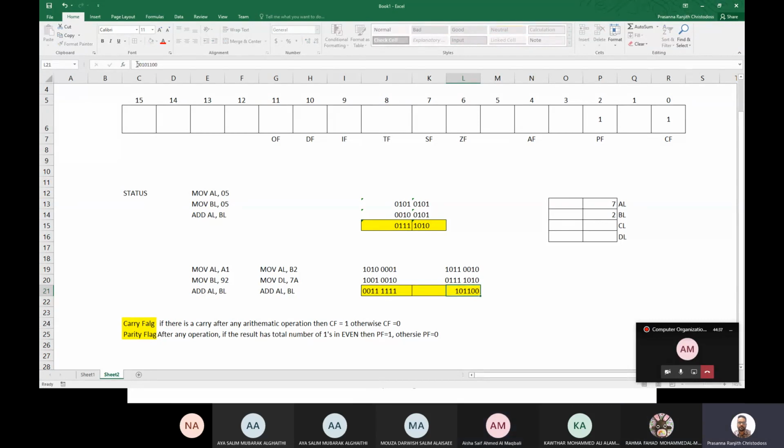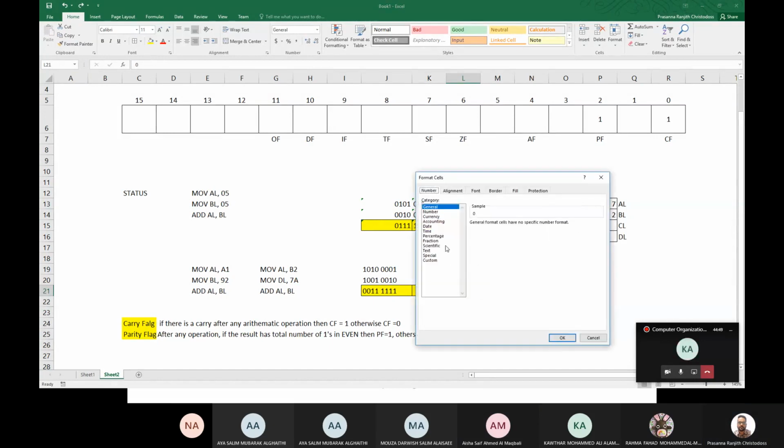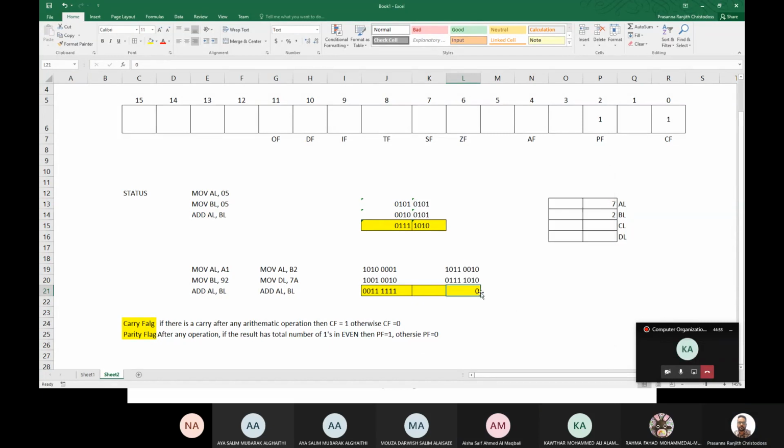So you have 1 carry here. Then 0, again 0, then 1, then some space, then 0, then 1, then 0, then 0, 0. But you have 1 carry here, right?